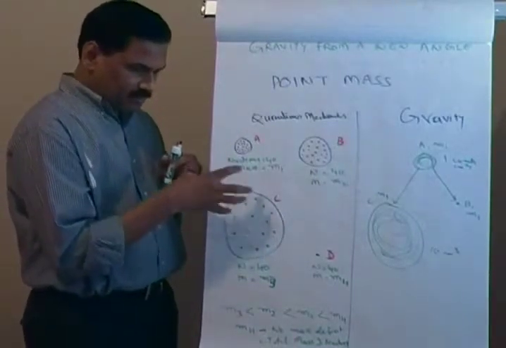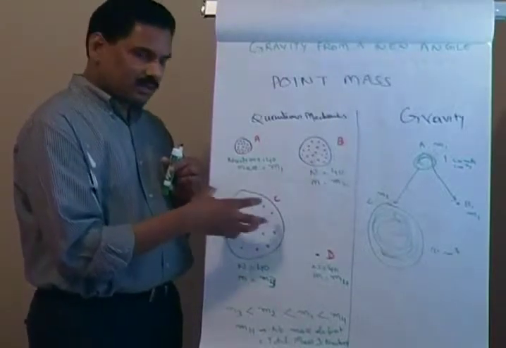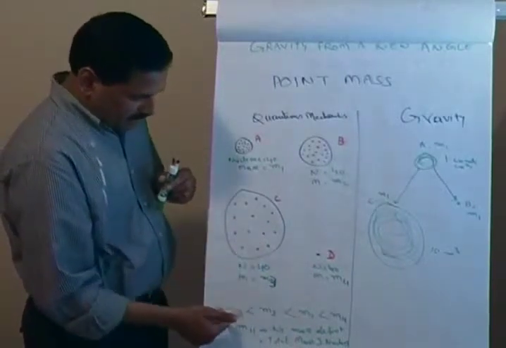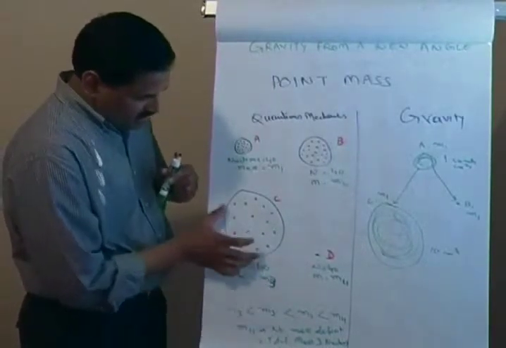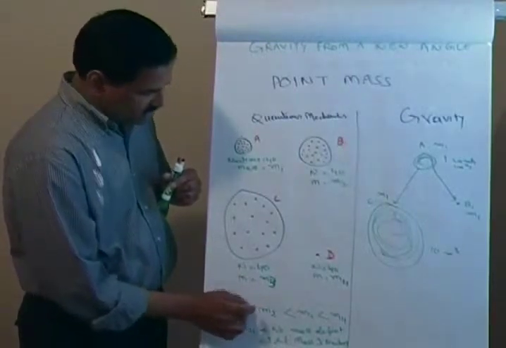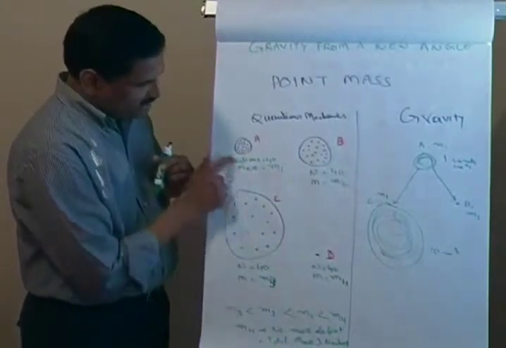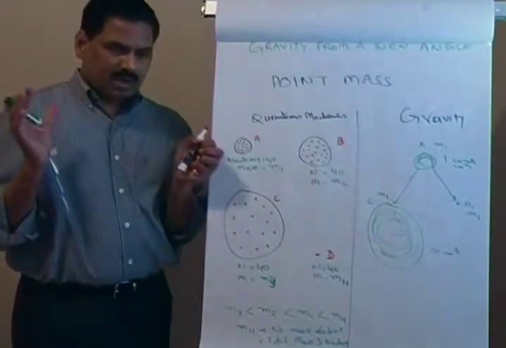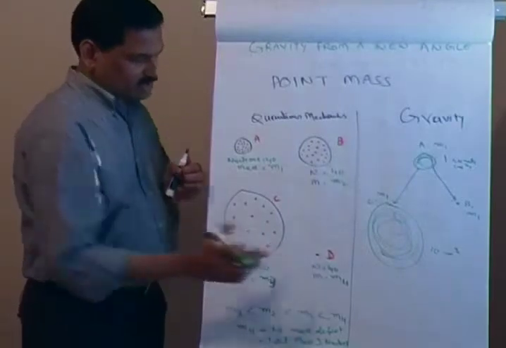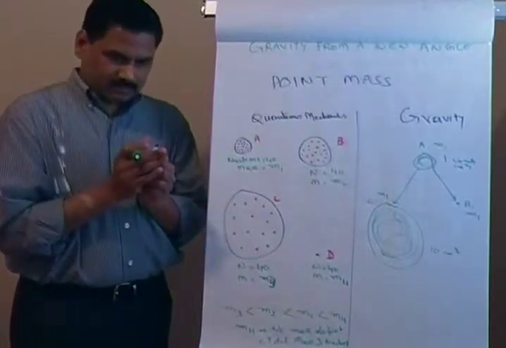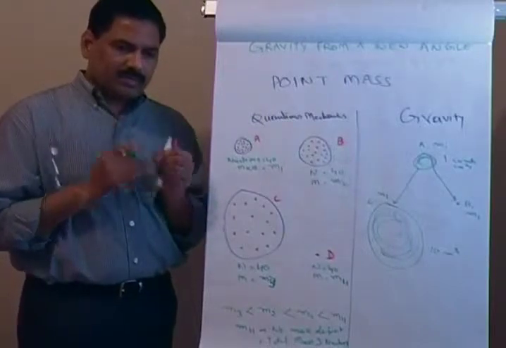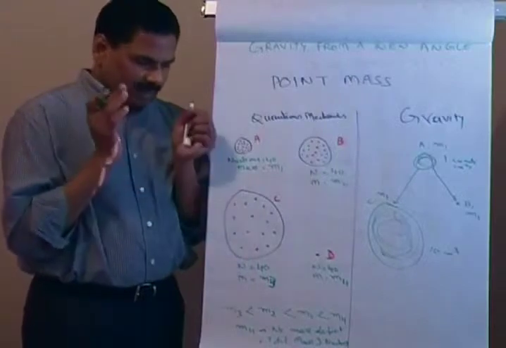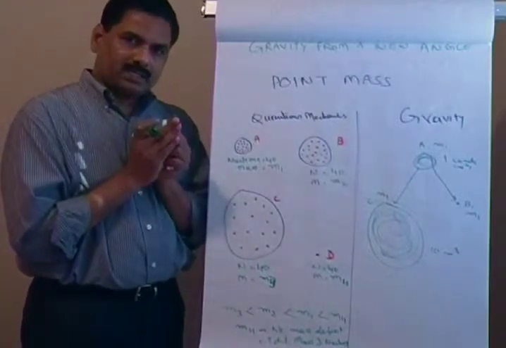because all the nucleons are loosely packed within this nucleus. Therefore, the mass of this C nucleus, M3, will be less than M2, and M2 will be less than the mass of M1. So let's suppose what happens when you compress all these 40 nucleons to a point size. That nucleus will measure more in mass, because the point size will have a tremendous amount of binding energy within the nucleus.